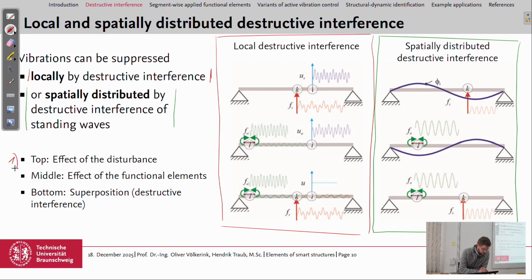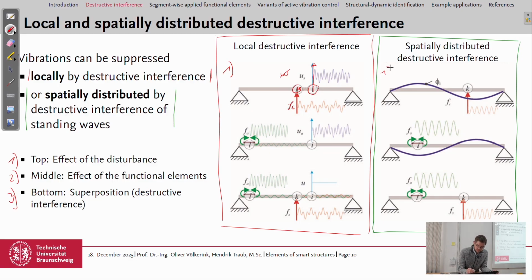Let's quickly go through the figures. So in the first row, we have an excitation here at point K. This Fs is the external excitation we want to suppress, and without any means of vibration control, we have at point L now not W but U, the vibration of the structure.